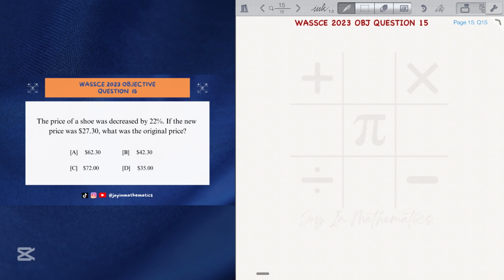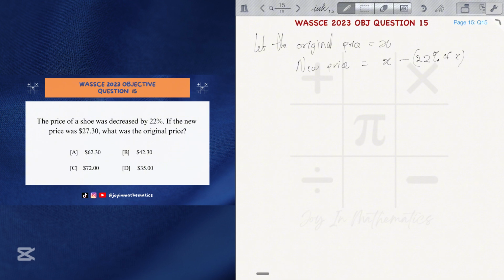Now let us call the original price x. Let the original price be equal to x. Now the new price is when the original price is decreased by 22%. So we have the original price being decreased by 22% of the original price.